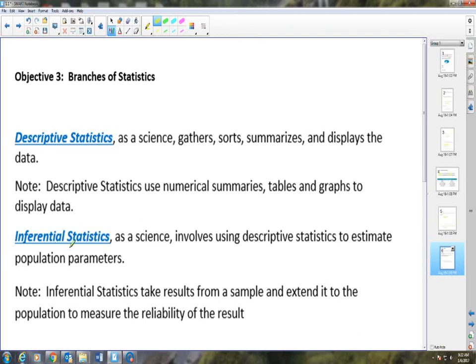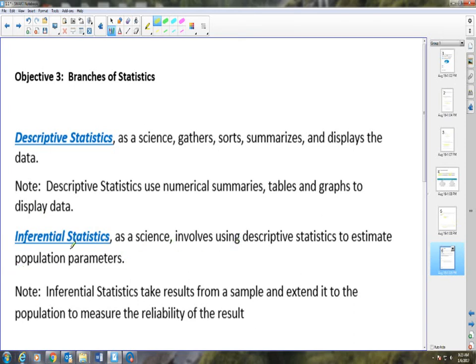Now, inferential statistics is a little bit higher level. As a science, it involves using descriptive statistics to estimate the population parameters. That's a very important concept because this stays with us at the end of the semester.